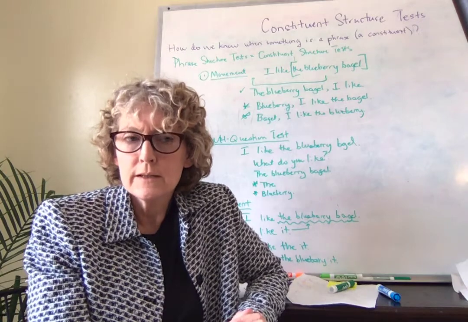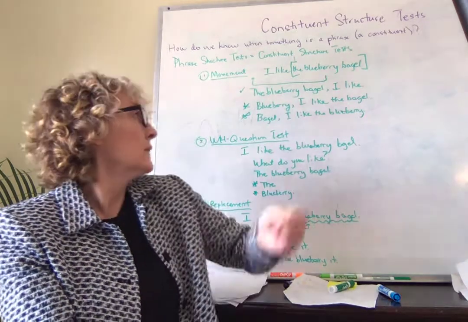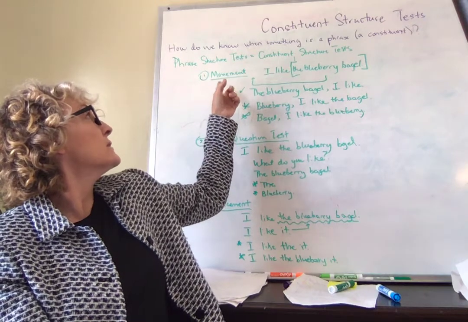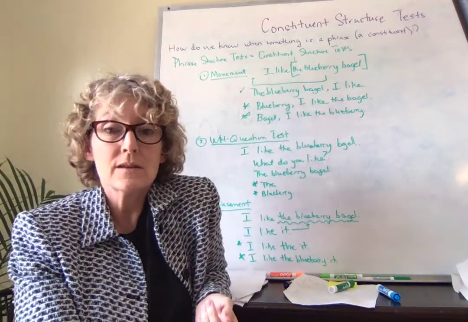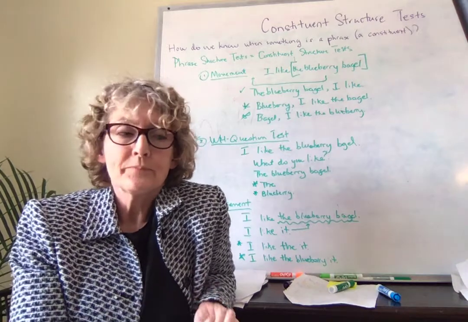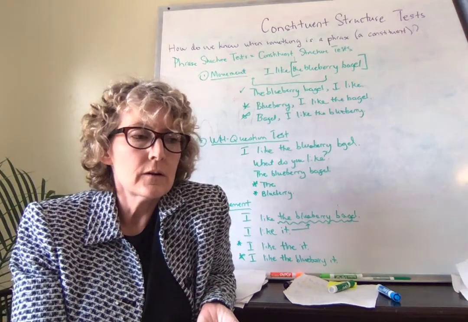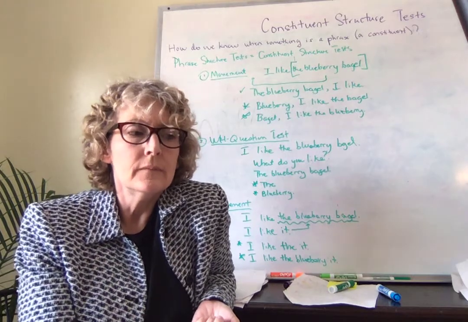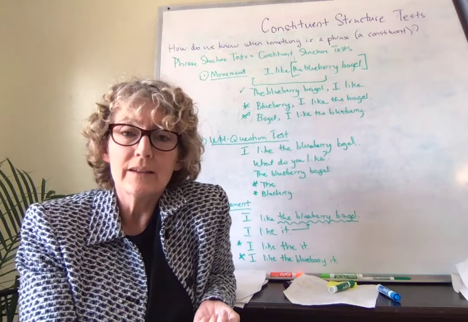The first test that we're going to do in looking at the structure of English sentences is what we call the movement test. So this is from the reading, the chapter on constituent structure, and from the book Analyzing Sentences.